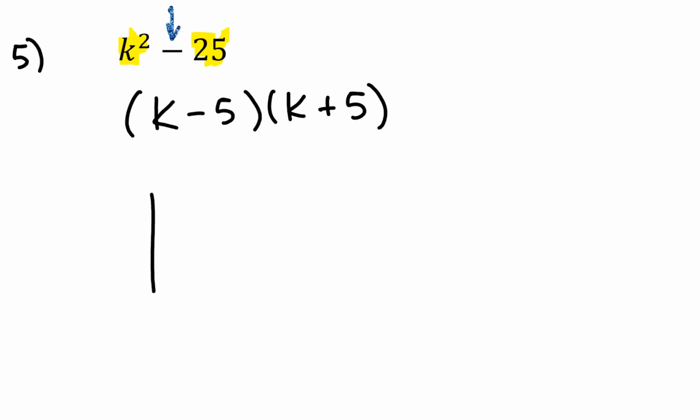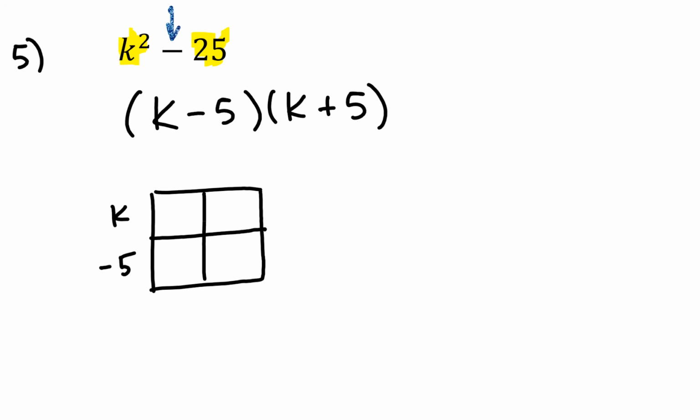In fact, it might be instructive to do that. So if I multiplied these, you can see I've got the k and the negative 5. I'm going to put my variable in the upper left corner. And I've got the k and the positive 5. So k times k is k squared. Down here I've got negative 5k, and in the upper right I've got positive 5k, and then down below I've got the negative 25.